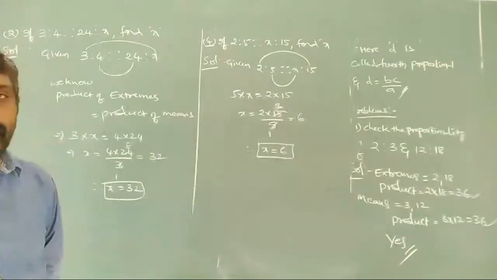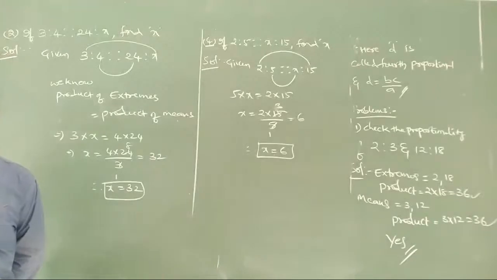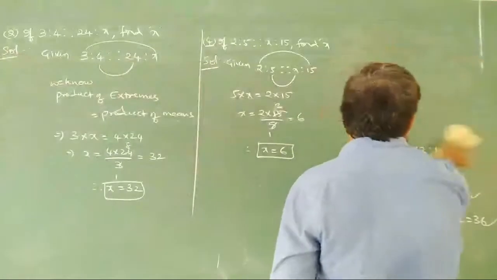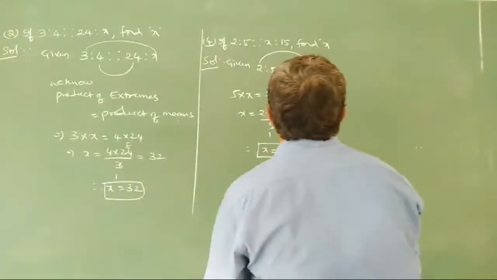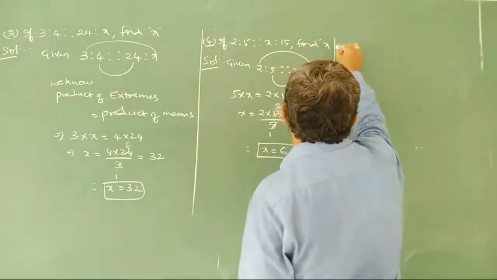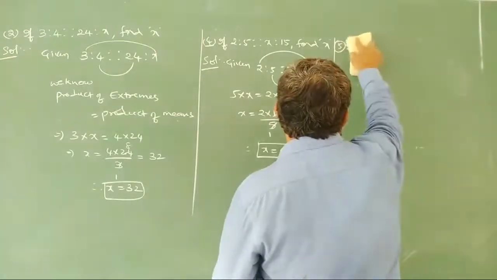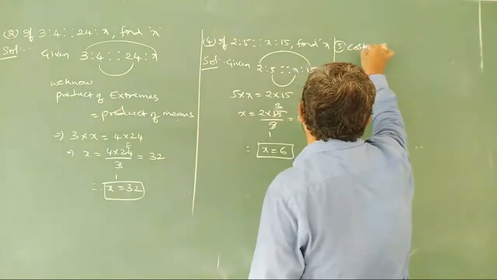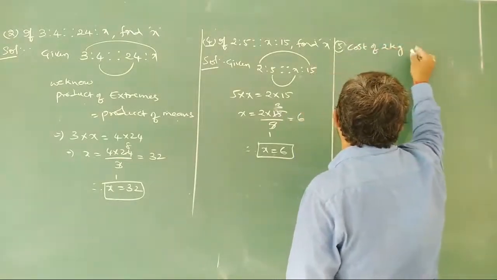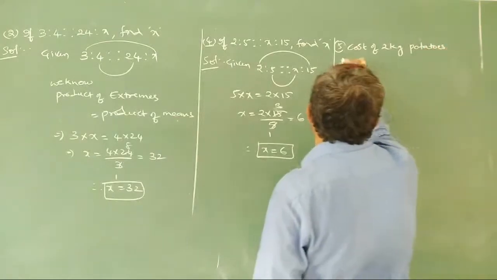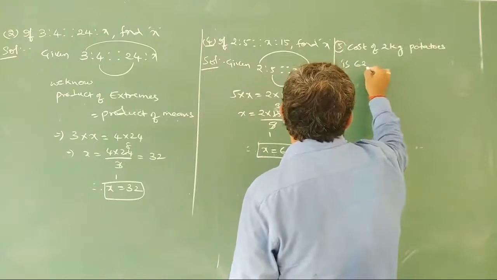And some more word problems will be given in this. We will see the word problems also. Cost of 2 kg potato is 62 rupees.